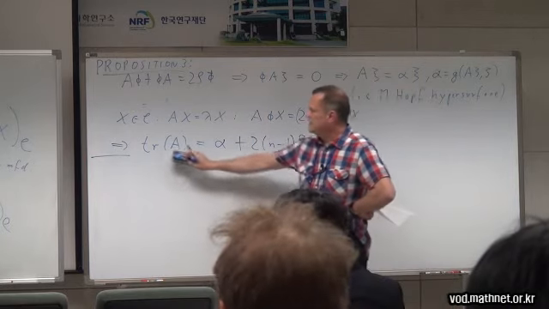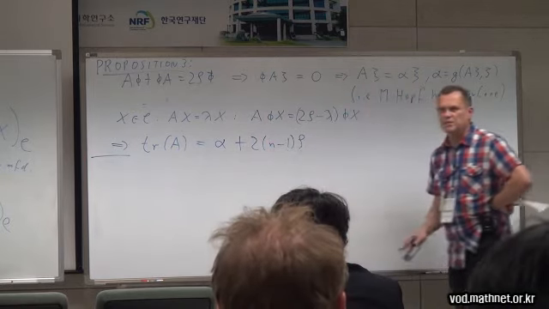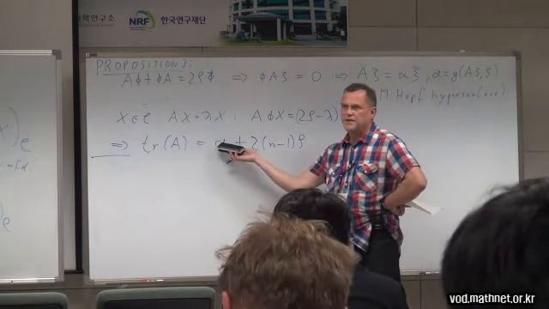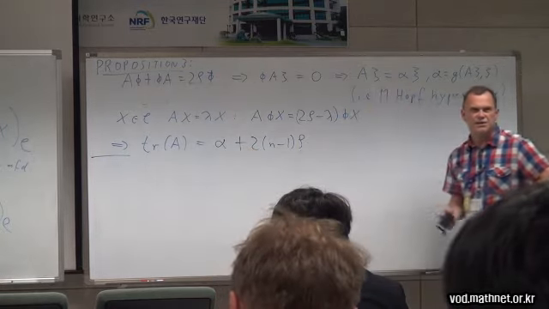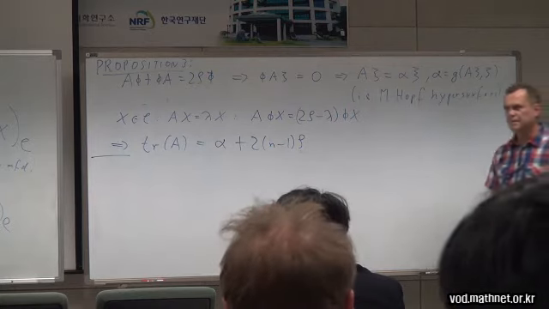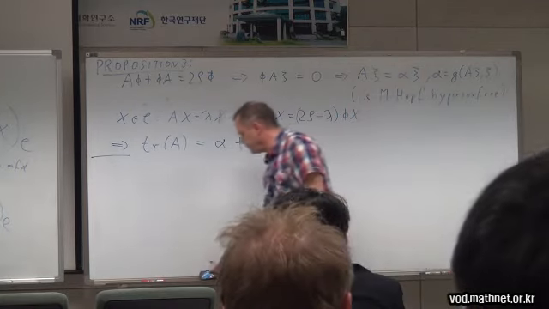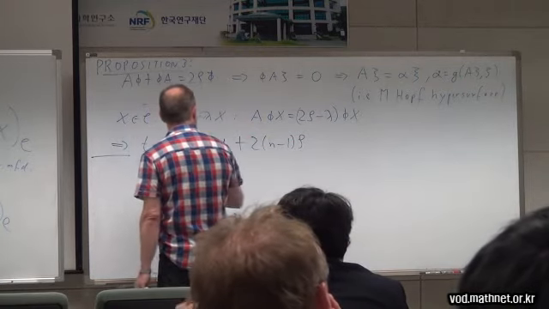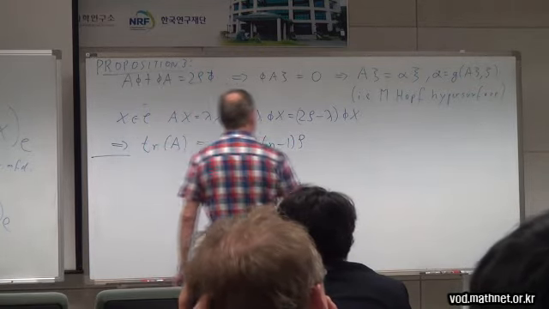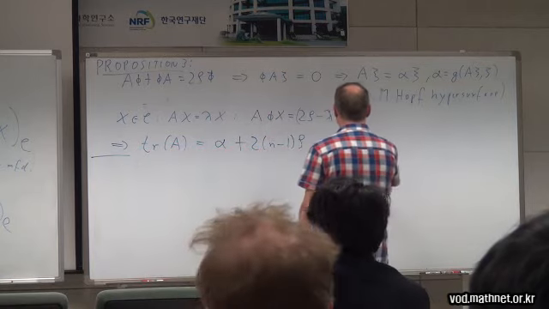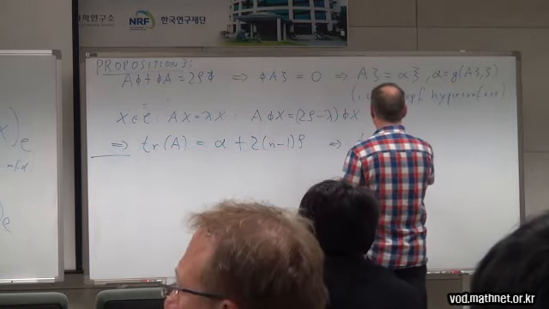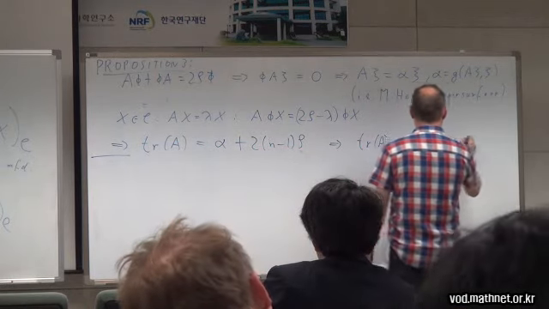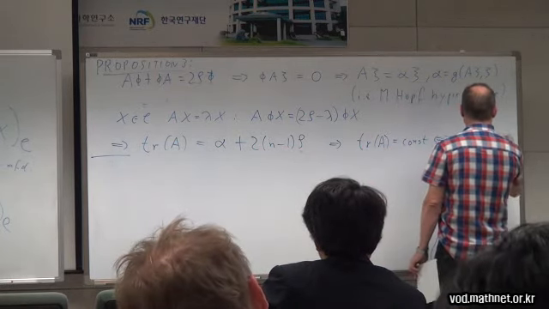So the mean curvature of a contact hypersurface is constant precisely if this principal curvature alpha is constant.